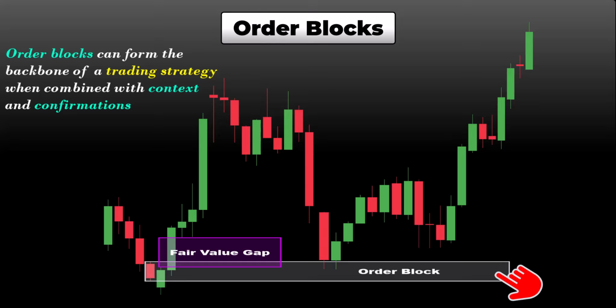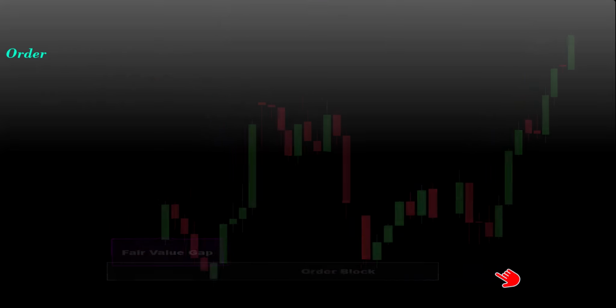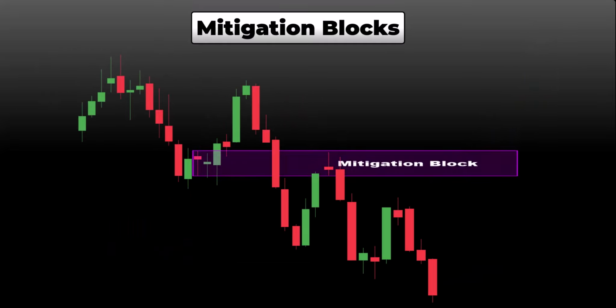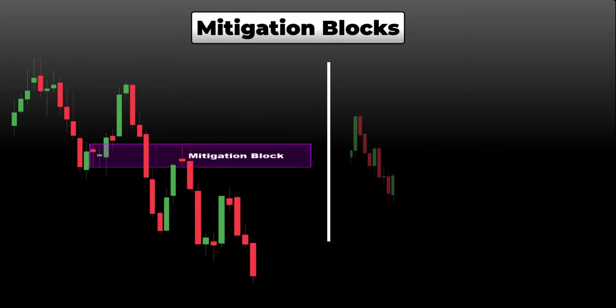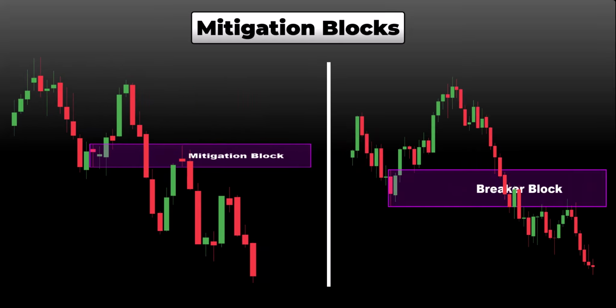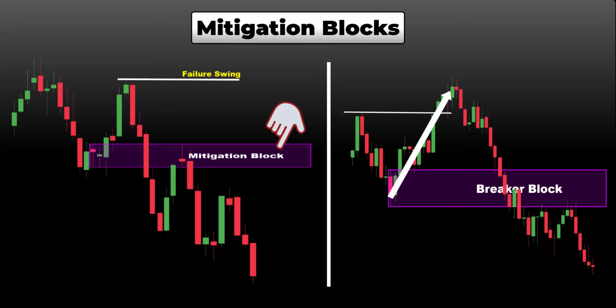Now let's discuss one of the confusing PD arrays, the mitigation blocks. Mitigation blocks look similar to breaker blocks, but have a key difference. Instead of price sweeping liquidity and making a higher high, price fails to break the high, creating a failure swing. That failure marks the mitigation block, which becomes the level price respects afterward.